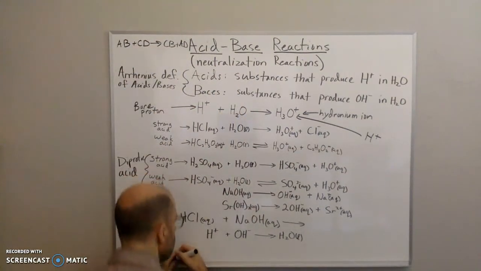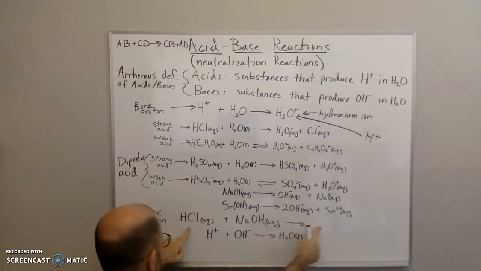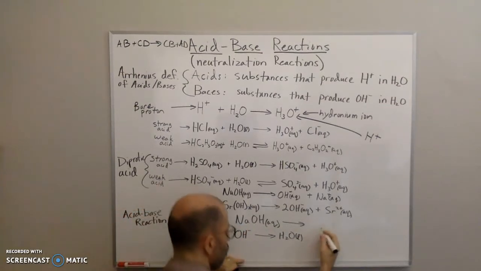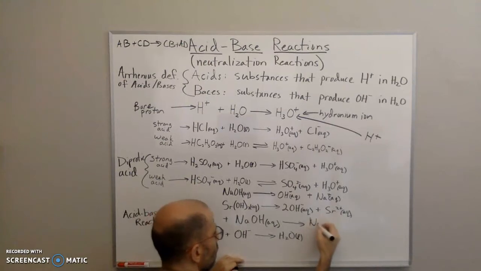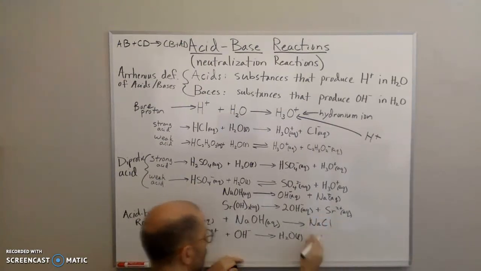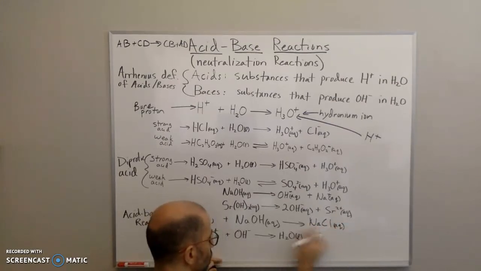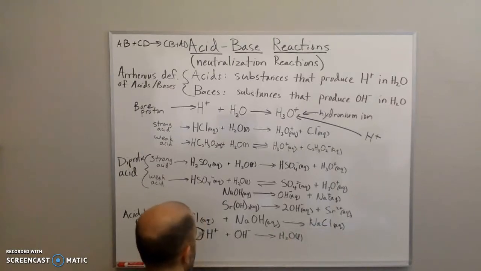So if I want to predict what my products are, then I take the inside, right? So I have sodium and chloride. I put the sodium chloride together and I balance the charge, so plus 1, minus 1, and that's going to be aqueous because according to solubility rules, sodium and chloride ions are aqueous and these are soluble.